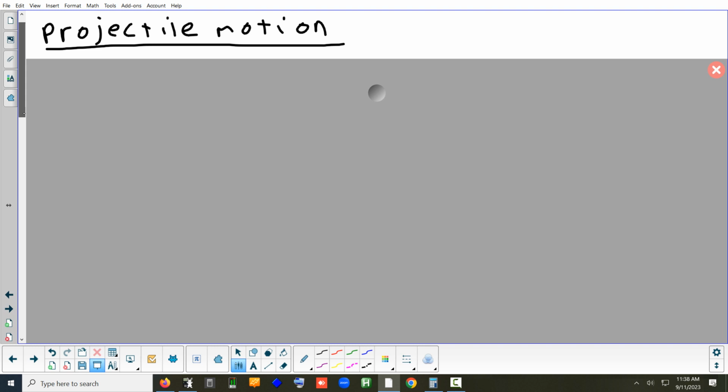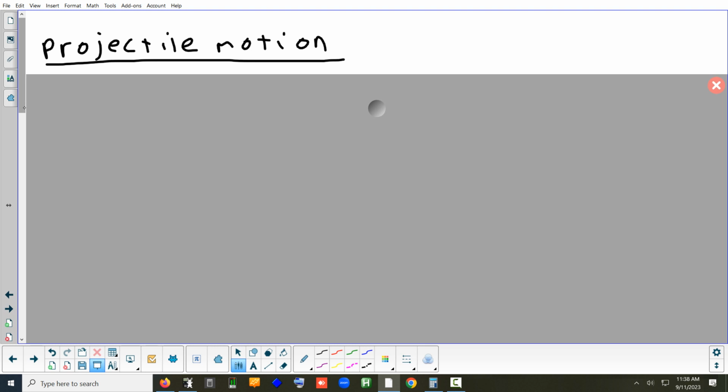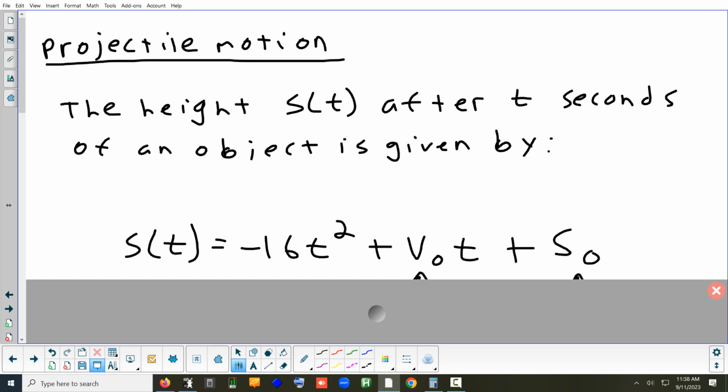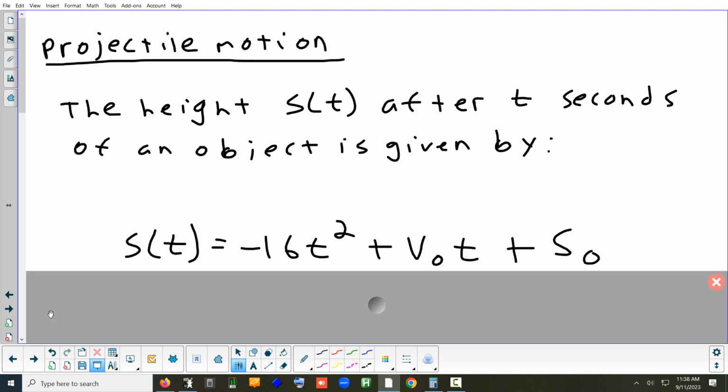All right, so one thing we are going to look at a couple different times is what's called projectile motion. And there is a formula that we will use whenever we talk about projectile motion. If you take physics, you might see a different number here. It depends on how you're measuring things, like feet or inches.